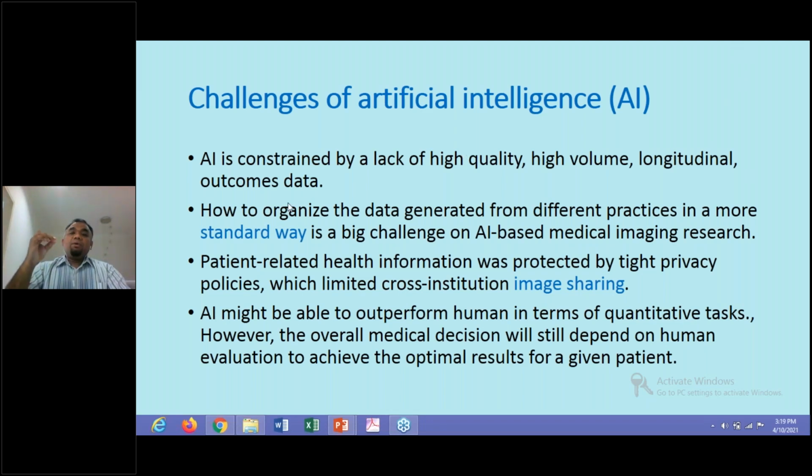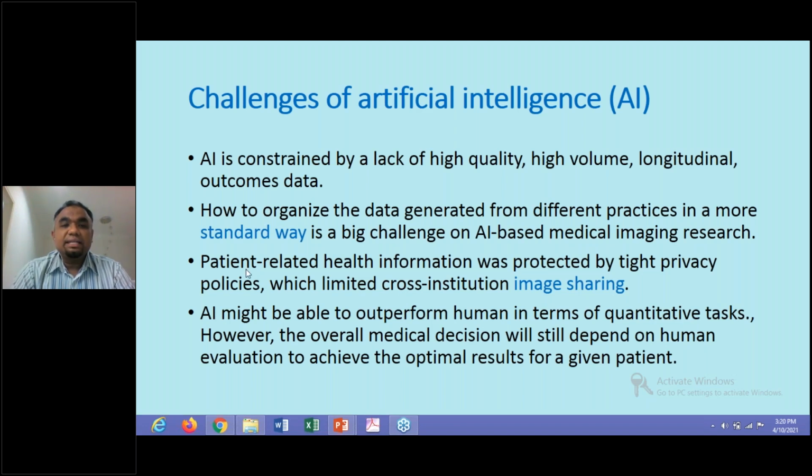However, to overcome this, we should have a standard way. This is the data standardization that I mentioned earlier. Organizing data generated from different places and different practices is more challenging compared to AI-based medical imaging research. This means we have to take a bigger picture to standardize all the protocols that we want to use within the many hospitals available in a state.